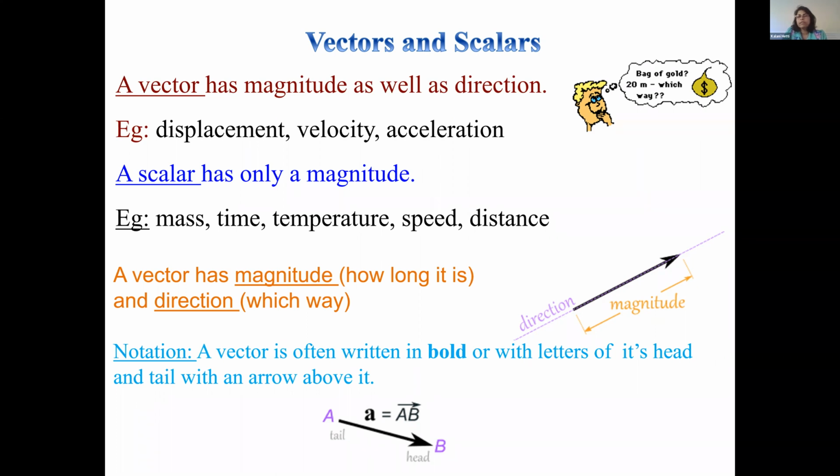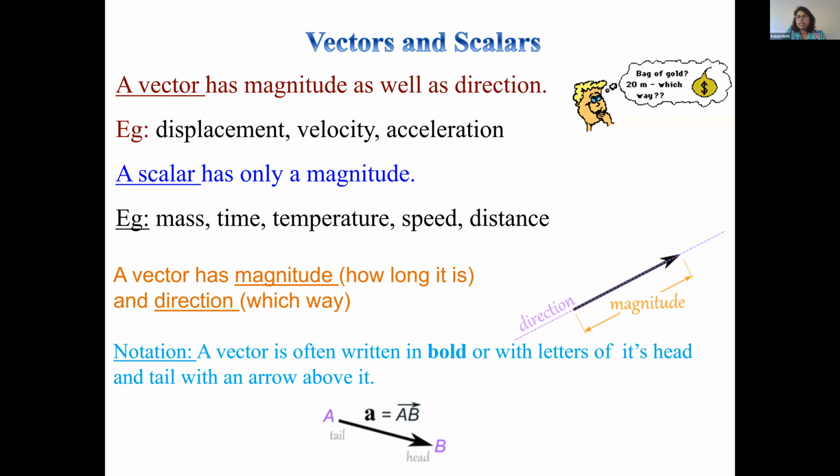Or you can say you apply a force of 5 newtons. Then the follow-up question will be in which direction you apply the 5 newton force. That kind of quantity we call a vector because you need to mention both the direction and the magnitude, right? Simple examples that we're going to discuss in this section will be displacement, velocity, and acceleration.